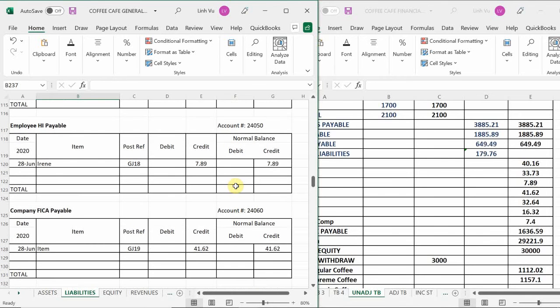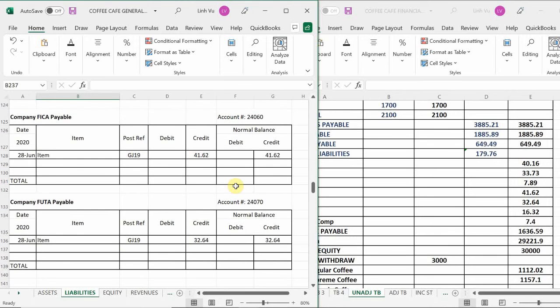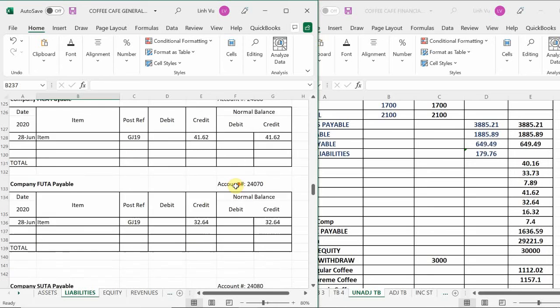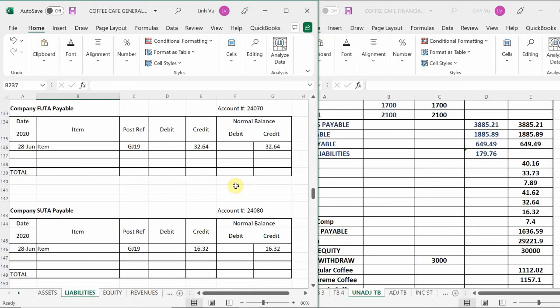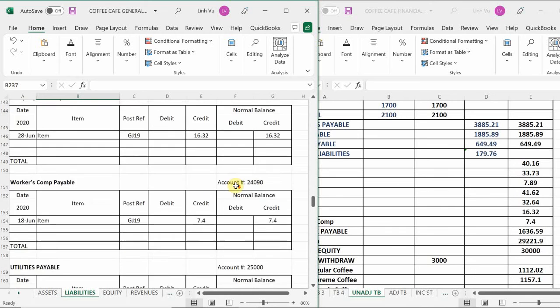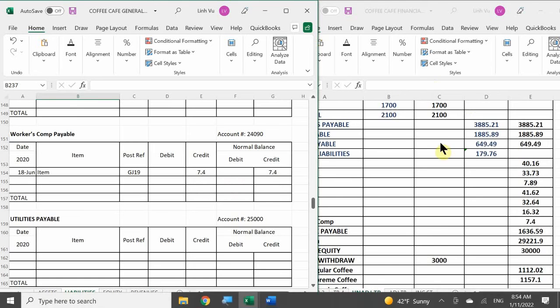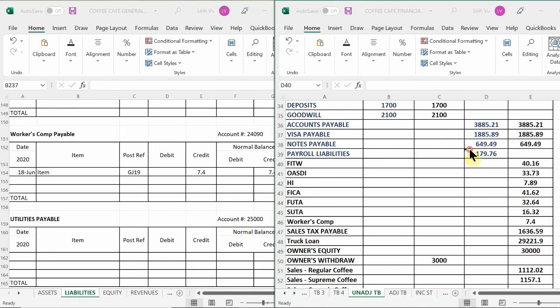HI is $7.89. FICA is 4162. FUTA is 3264. SUTA is 1632. Workers' comp is $7.40, giving me a grand total of payroll liabilities to be a total of $179.76.